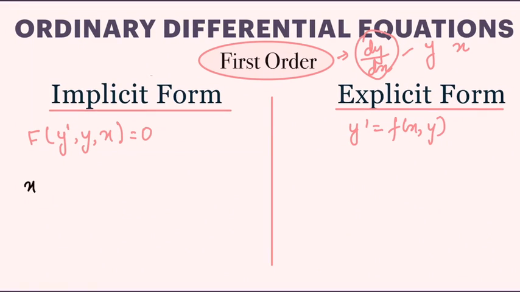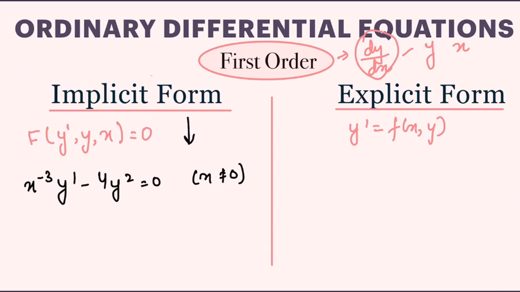Let us consider x to the power minus 3 y dash minus 4y square is equal to 0, where x is not equal to 0. As you can clearly see, this is a first order differential equation in implicit form.